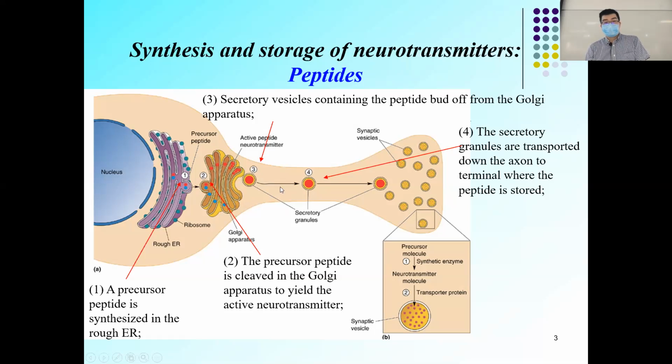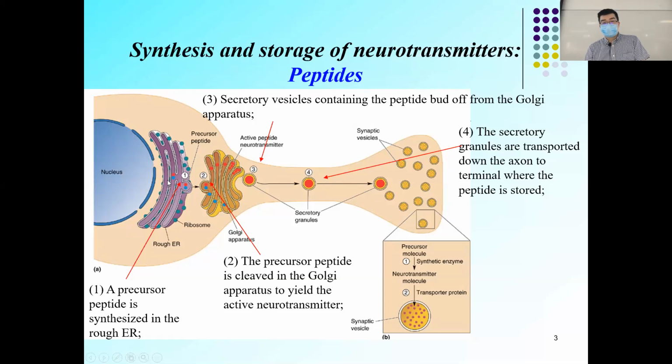Okay. Now this is called secretory granules, or the granules at the terminal that we talk about, the synaptic granules. During the process of transport along the axon, it will become mature and then go down to the synaptic terminal, where it will be ready for release.